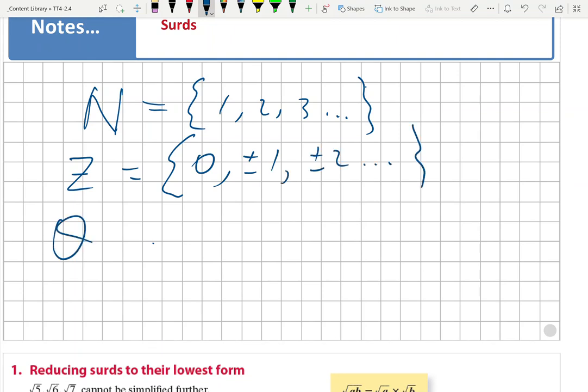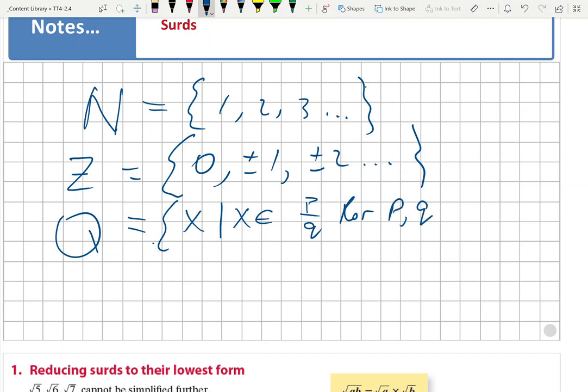The rational numbers are fractions of integers that don't divide by 0. So they are equal to the set of x such that x is an element of p over q, for p an element of Z because the top can be 0, and q an element of the natural numbers.